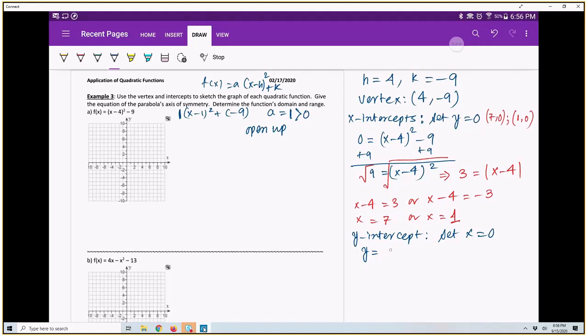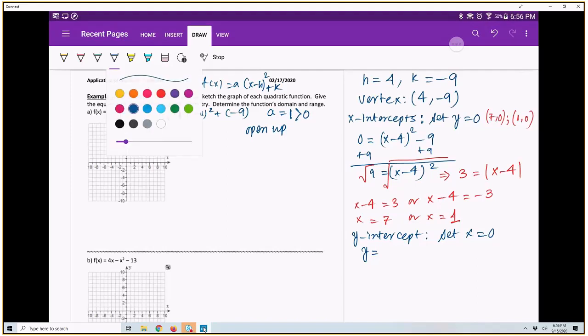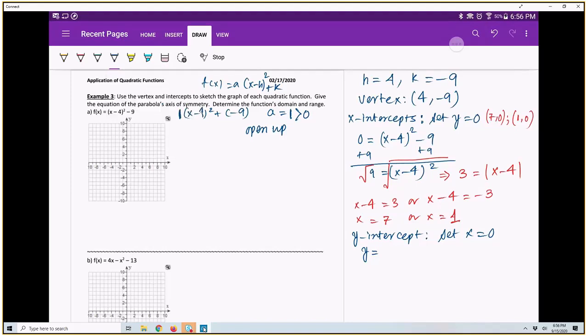So we have 0 - 4 whole squared minus 9. Negative 4 squared is positive 16, minus 9, so that's 7. Remember it is a point, so the y-intercept is (0, 7).